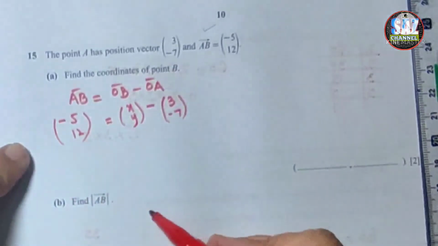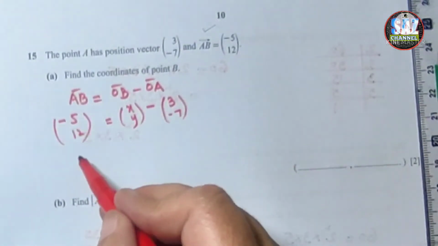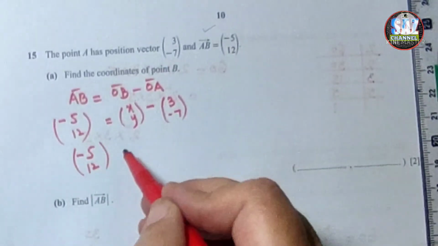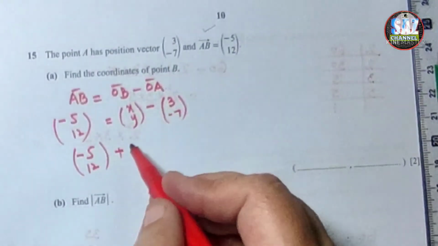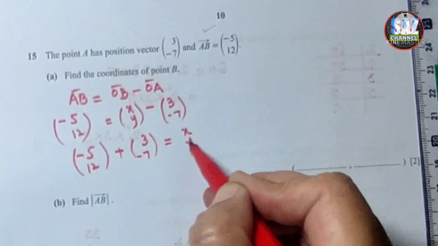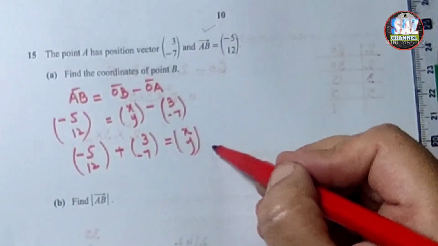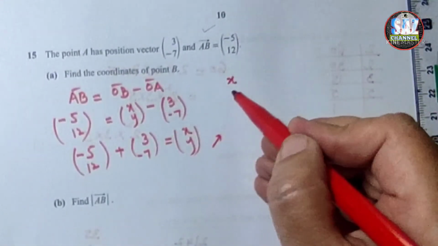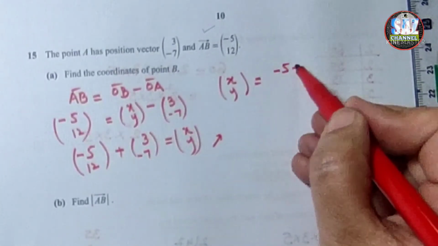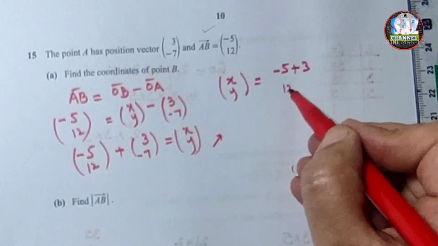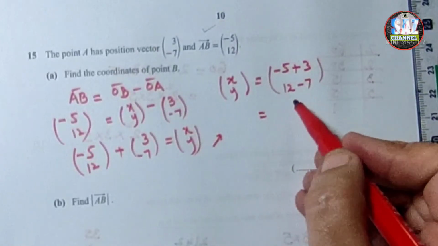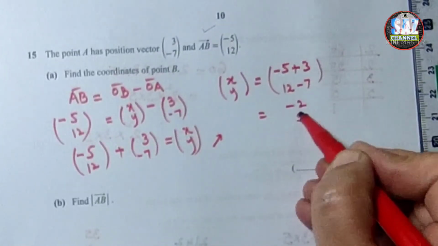Now the question has taken simply the form of column matrices. What we have to do is shift this 3 and -7 to the other side. Here we have the minus sign, so it will become positive. XY equals -5 plus 3 upon 12 minus 7, and this becomes -2 and 5.